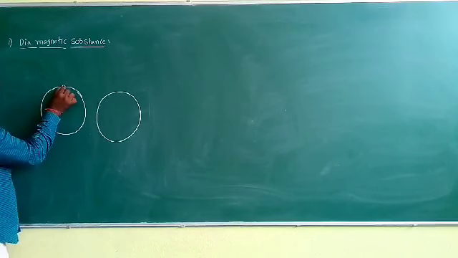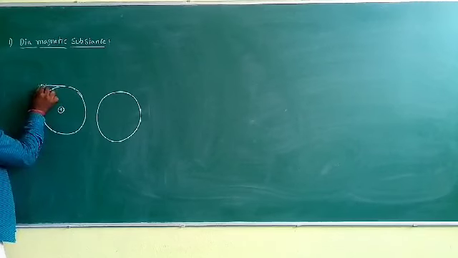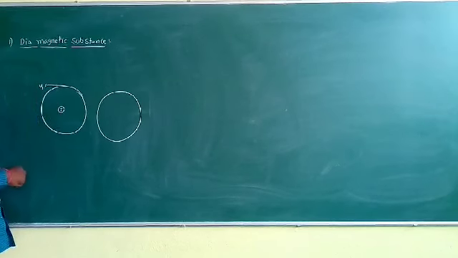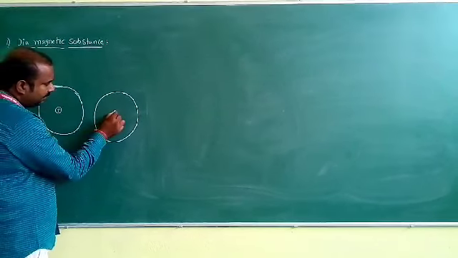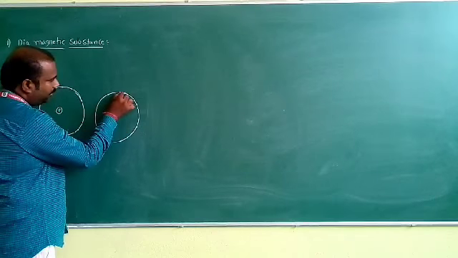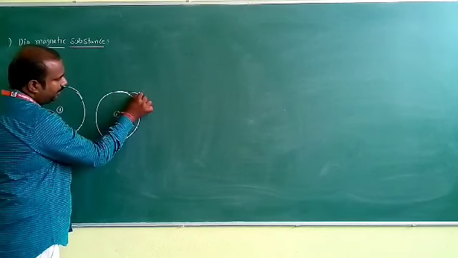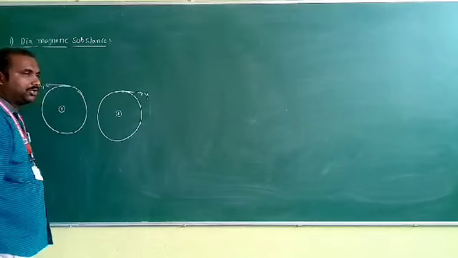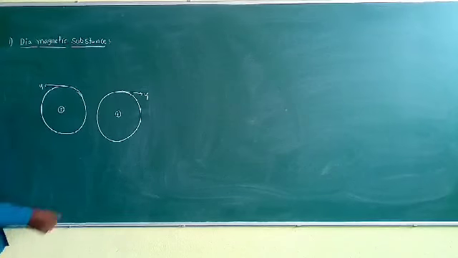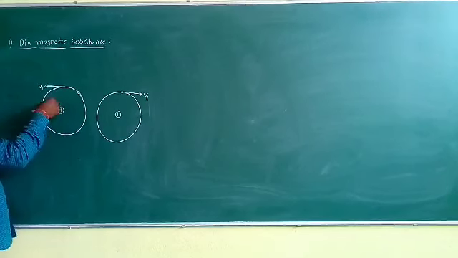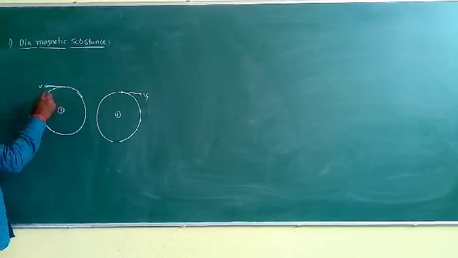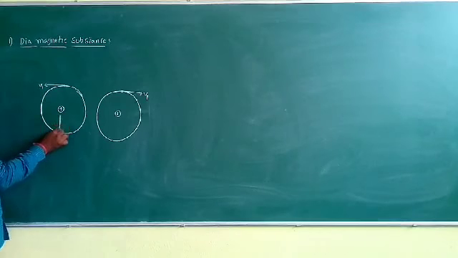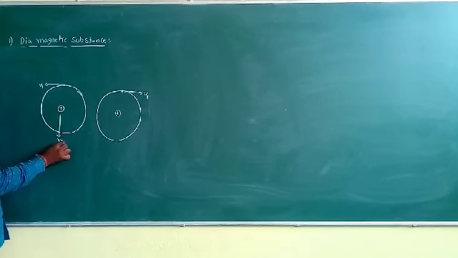This is the direction of the first electron, which is moving in anti-clockwise direction, and this is the second electron, which is moving in clockwise direction. Because of the anti-clockwise movement, its magnetic moment is acting in downward direction.